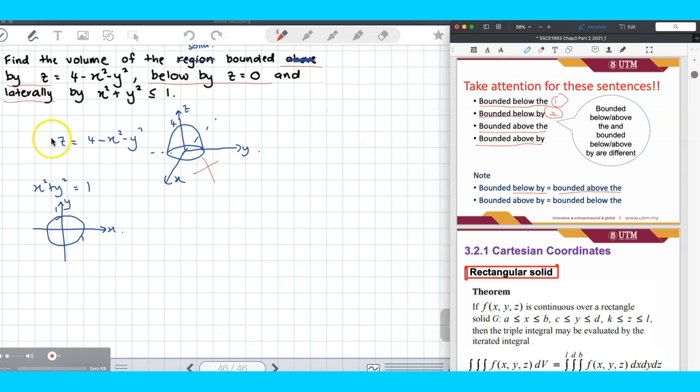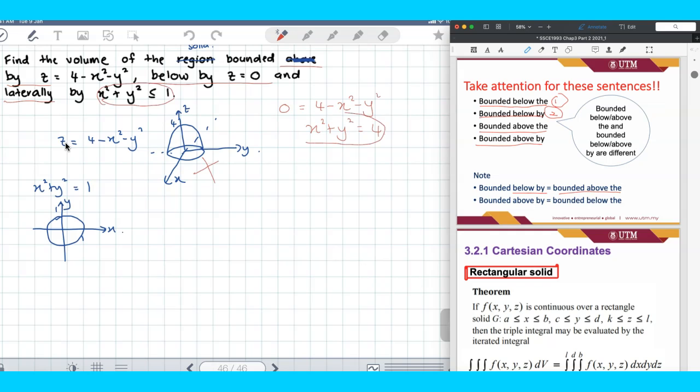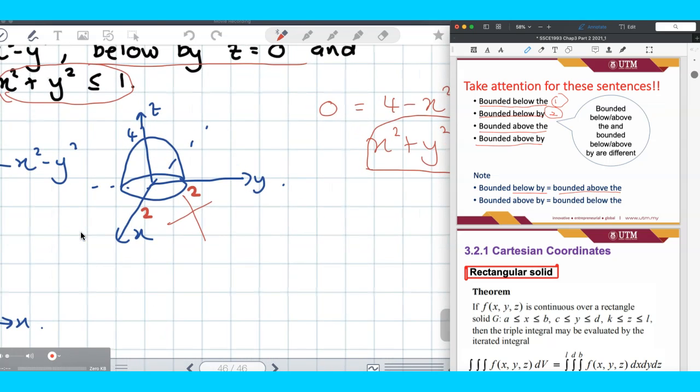When you replace z equal to 0, you have 4 minus x squared minus y squared, which means x squared plus y squared equal to 4. You have a larger circle, because for the cylinder the radius is 1, but for the bowl lying on z equal to 0, we have radius 2. So when you plug in the cylinder with radius 1, you have a smaller cylinder.